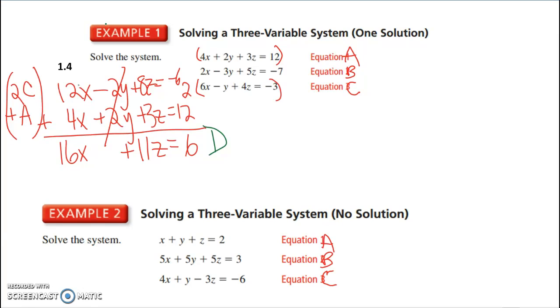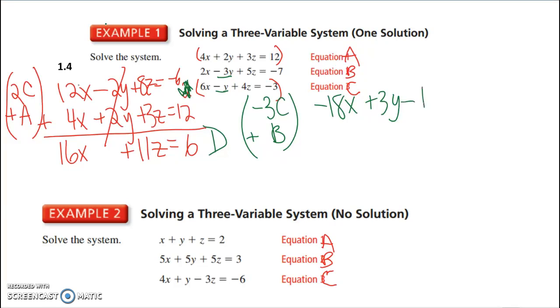Now I want to use equation B somehow and cancel out the y's again. So if I multiply equation C instead of by 2, if I multiply by negative 3 and then add equation B, then I'm going to get negative 18x plus 3y minus 12z equals 9.